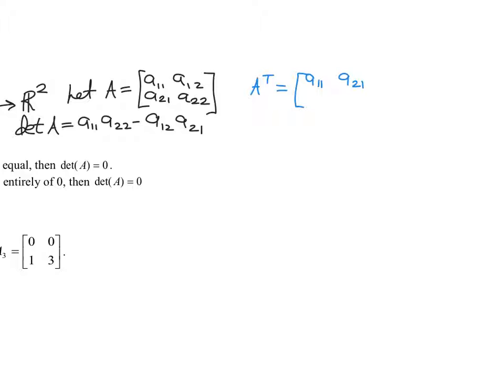So my first column became my first row. A sub 1,2, A sub 2,2. And then if I'm looking for the determinant of the transpose of A, it's diagonal down minus diagonal up.